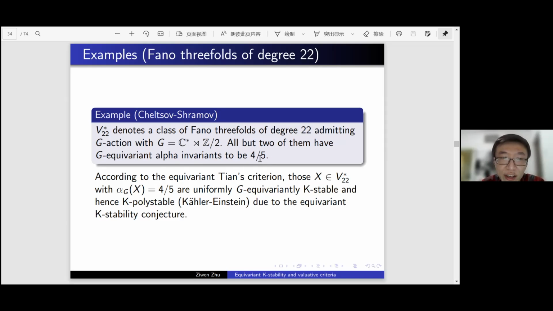It's larger than the usual alpha invariant. Then we can apply the equivariant Tian's criterion to get eventually K-polystability of this class of Fano threefolds. So this is another example where, passing the question to equivariant K-stability for varieties with large symmetry, we usually have an easier life.